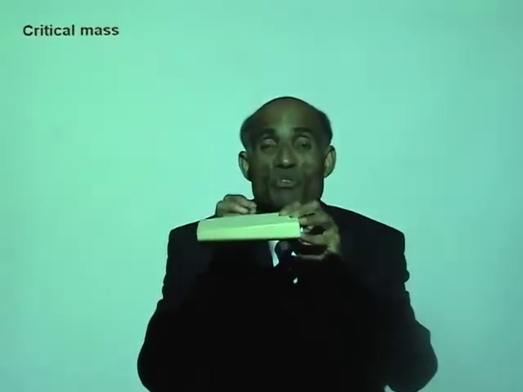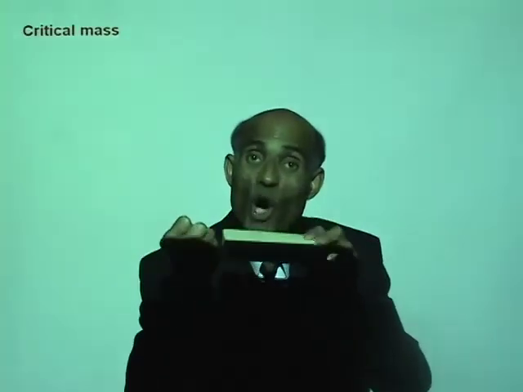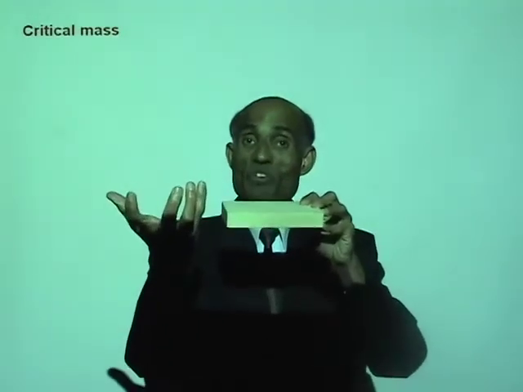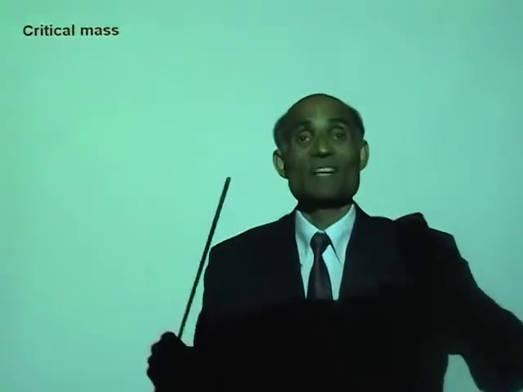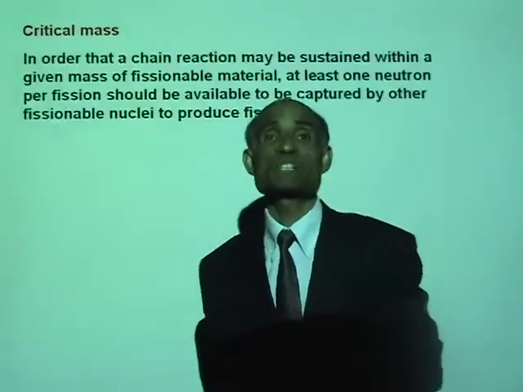If the size of the material is too small, then before the neutrons have a chance to be caught by other fissionable nuclei, they will simply escape. That means you need a minimum mass in order that these neutrons may be kept inside to be caught by other nuclei. Now, this minimum mass to sustain a chain reaction is called the critical mass.